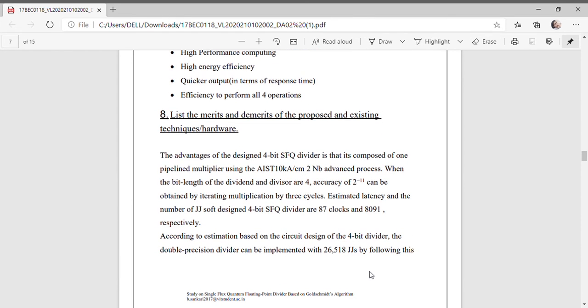So let's move on to the eighth question. List the merits and demerits of proposed and existing technique or hardware.